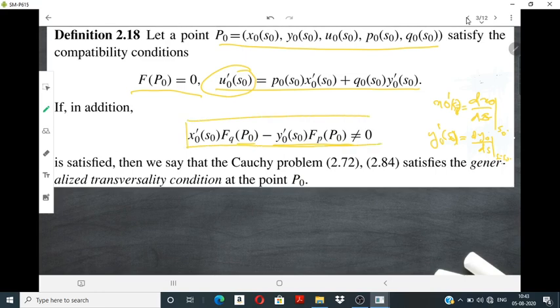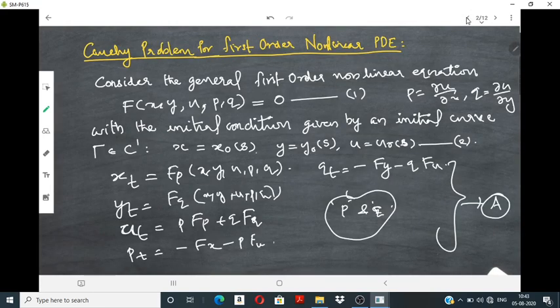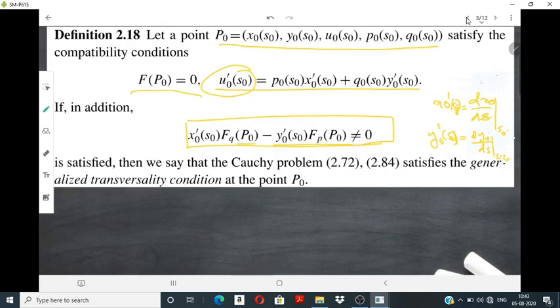If this is satisfied, then we can say that the Cauchy problem, meaning the nonlinear equation with the initial conditions, that is, equations 1 and 2 together, satisfies the generalized transversality condition at the point P0.